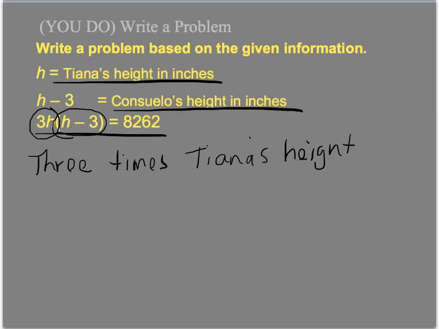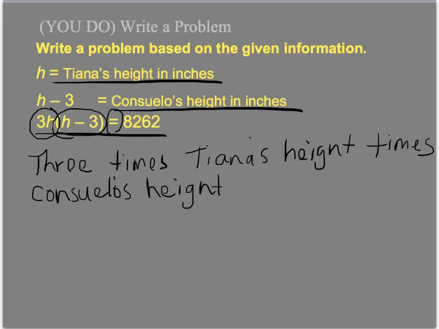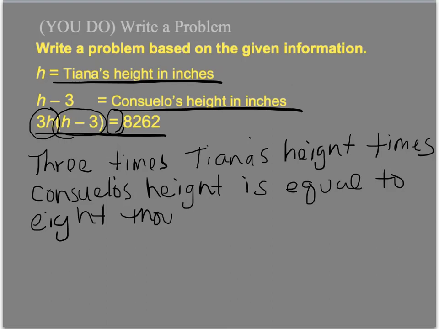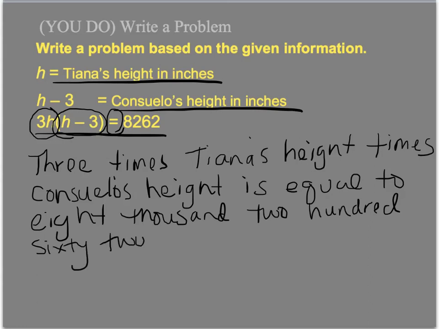So then we also have again times Consuelo's height. Here is equal, so let's put is equal to 8,262. Okay, and there you have it.